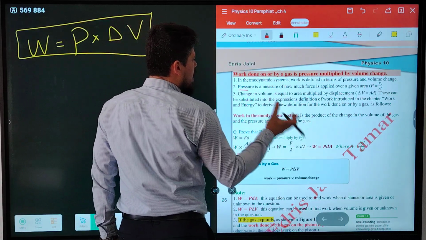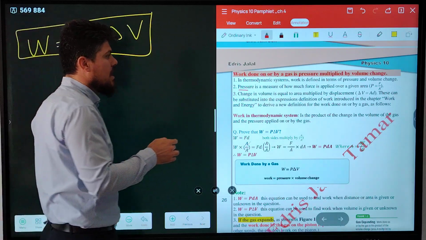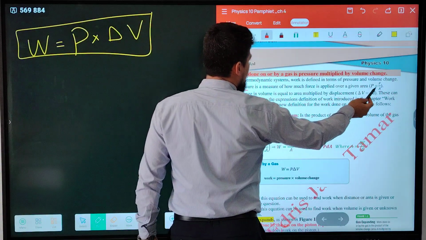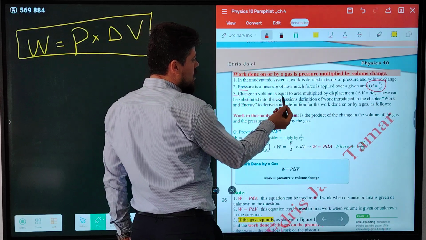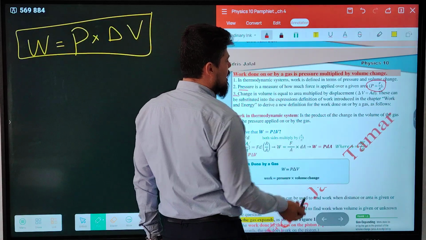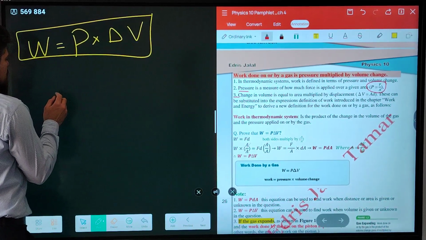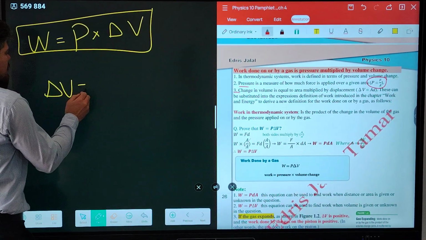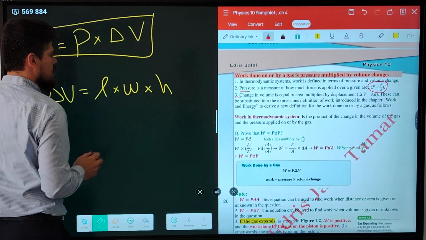Pressure is a measure of how much force is applied. What do you mean by pressure? How much force is applied in a unit area, over a given area: force divided by area. Change in volume is equal to area multiplied by displacement. Because delta V is equal to length times width times height.